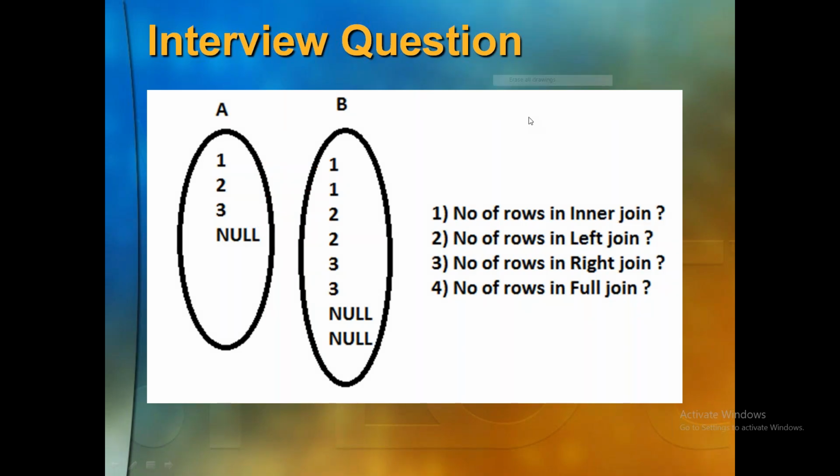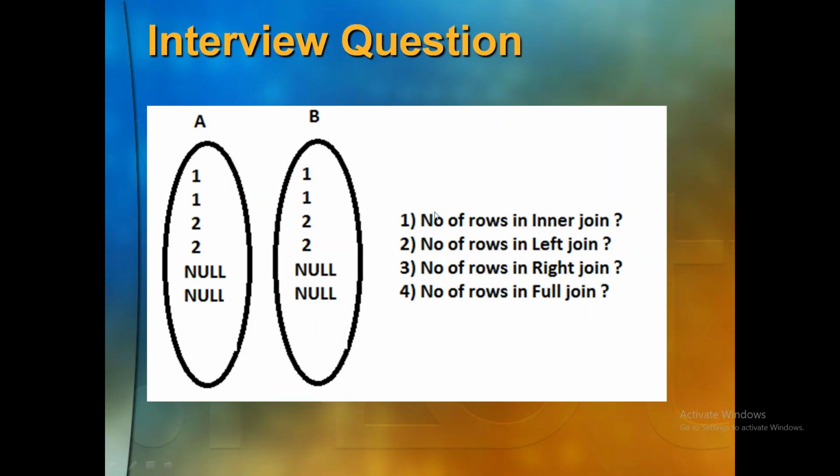The next one, let us understand the number of rows here as well. 1 into 1, and you have 1 into 1, right? So 1 comma 1, again 1 comma 1, and 1 comma 1, again 1 comma 1. Total 4 rows for 1.